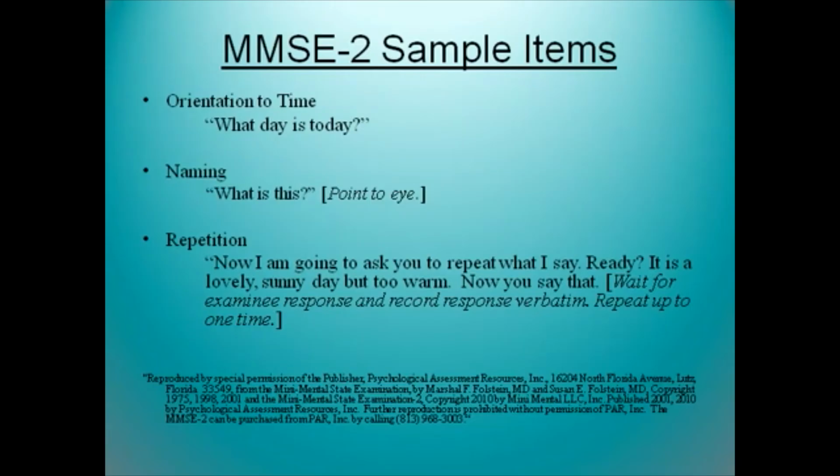However, you don't necessarily need a formalized mental status exam if you get really good at all the other things we just talked about: doing the serial sevens, asking the person to spell the word world backwards, doing some similarities, judgment questions. If you get good at that and documenting all of that, then you don't necessarily need this.